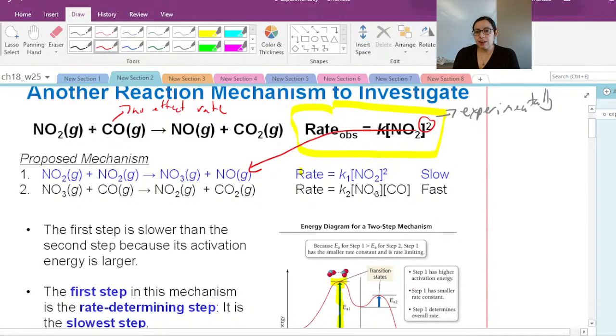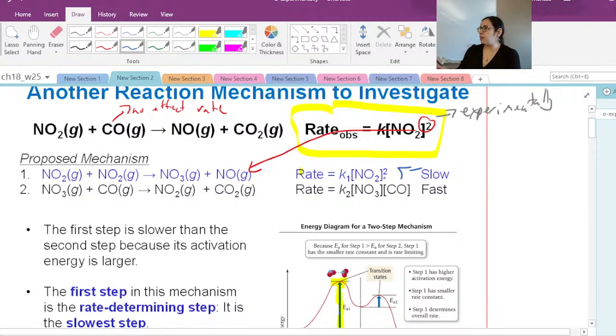But they're already teasing that this has to be our rate limiting step because this matches our rate law. So this is now our rate expression for just this first step: the rate of this reaction is equal to K1 for step 1, and from our mechanism, it's going to be NO2 squared.